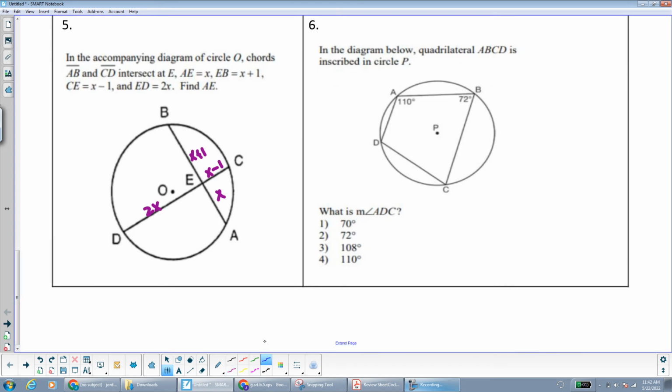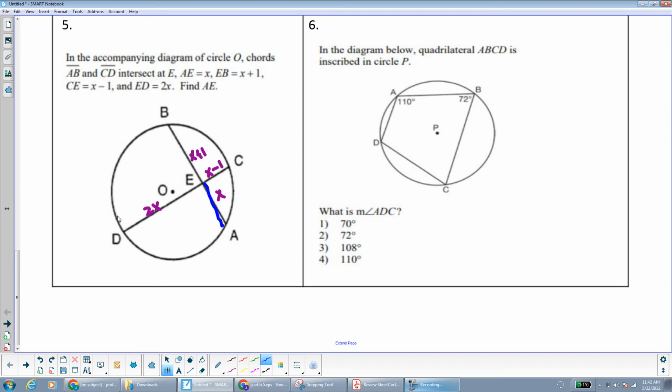So we are looking for the segment represented as X. Since we're finding segment lengths and the segments are located inside the circle, we don't have any outside parts of the circle, we can't use whole times outside equals whole times outside like we did in the last example. The reason for that is that none of the segments here have any parts outside of the circle, so we wouldn't have anything to use for any of the whole or outside parts.